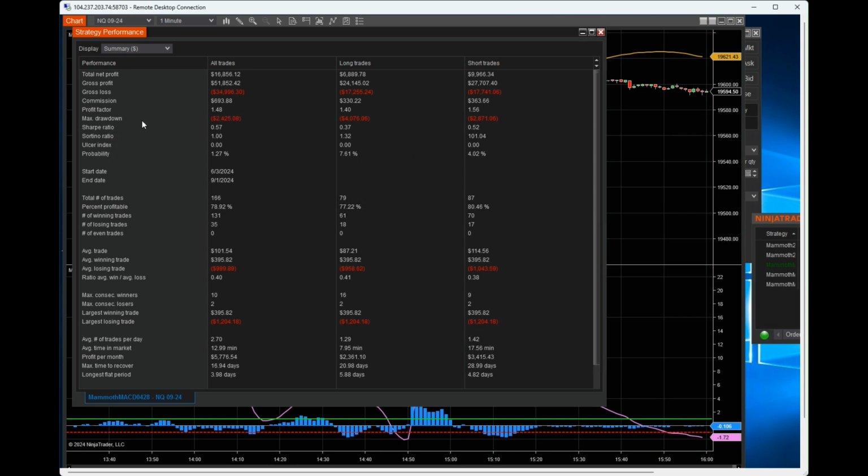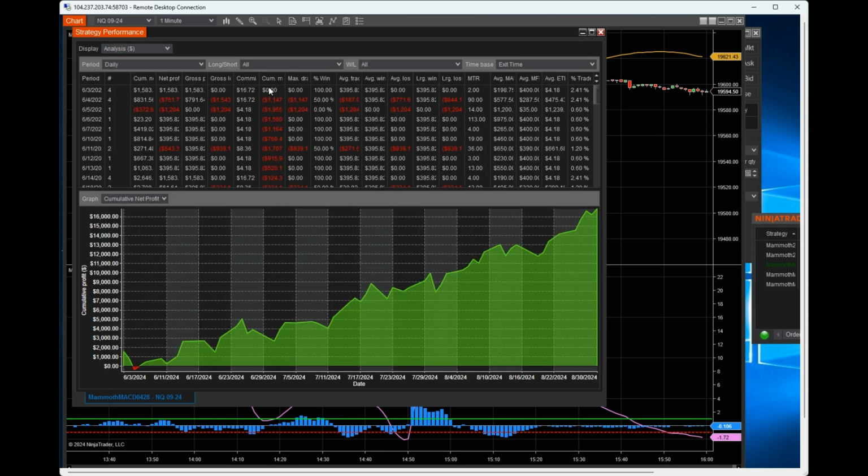Now, the max drawdown is another thing that you want to look into. Max drawdown here is accumulated. Let's take a look right here.